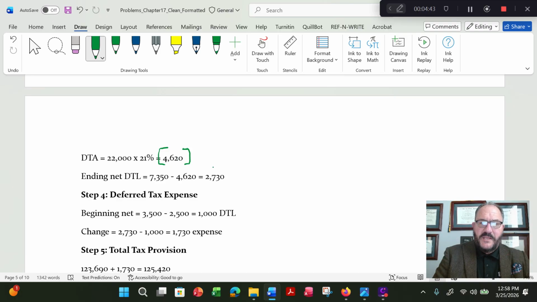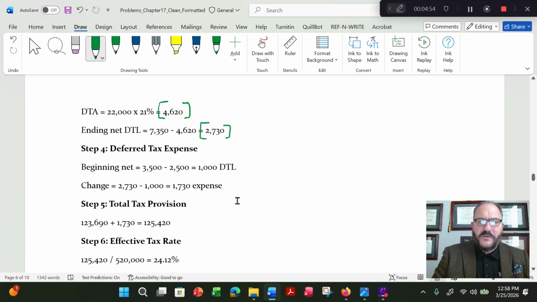So we get a net deferred tax liability of $2,730. We began with $1,000 deferred tax liability. So you take $2,730, subtract 1,000, and it becomes a $1,730 expense.